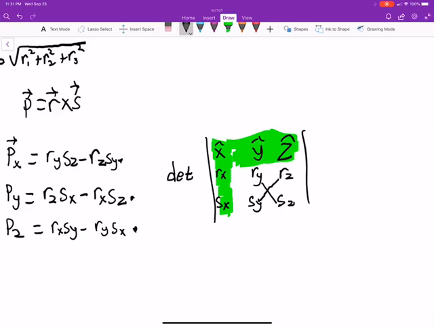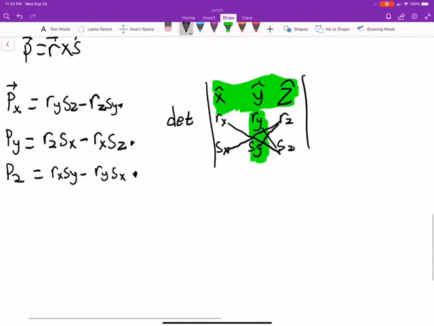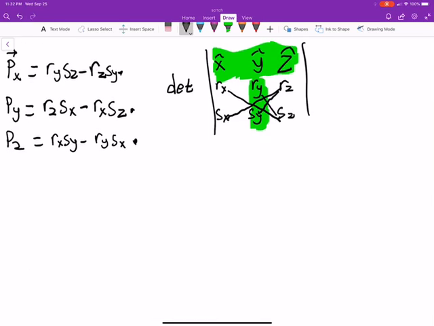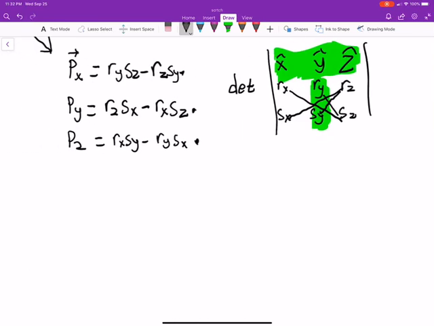If we wanted to do the y, for example, we cross this. This is still crossed. And then it's this times this minus this times this. So it might be helpful to brush up on determinants if you're not already.